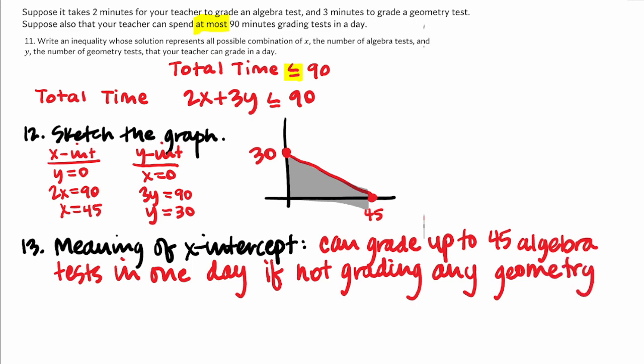Okay, and then the meaning of the y-intercept, well, that's going to be the exact opposite, right? I could grade up to 30 geometry tests in one day if I'm not grading any algebra.